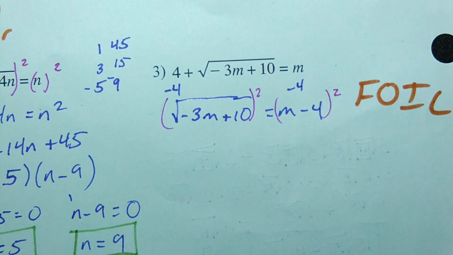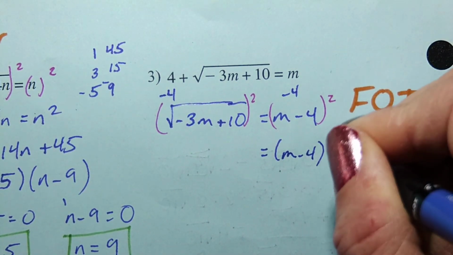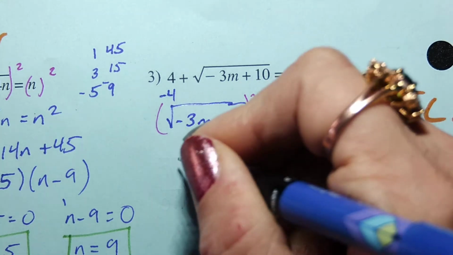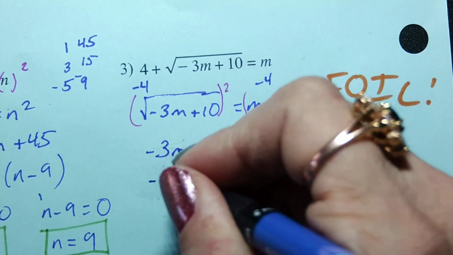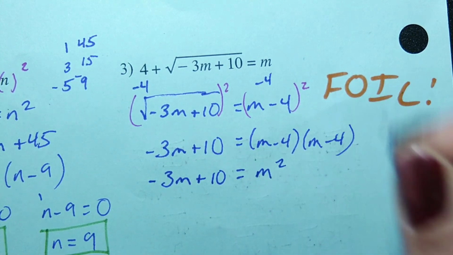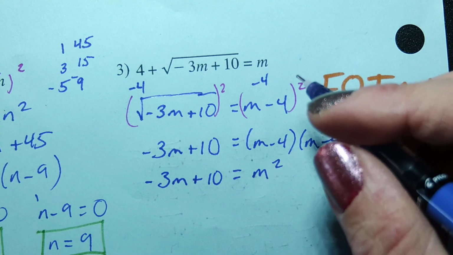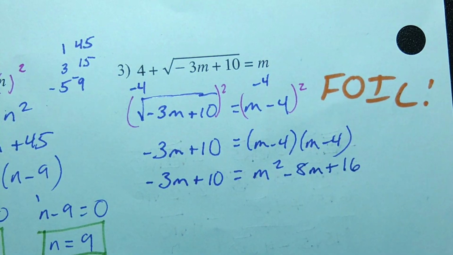So because I have m minus 4 squared, that's m minus 4 times m minus 4. So, kind of a messier one here. So negative 3m plus 10 equals m squared minus 4m minus another 4m, which is m squared minus 8m plus 16.